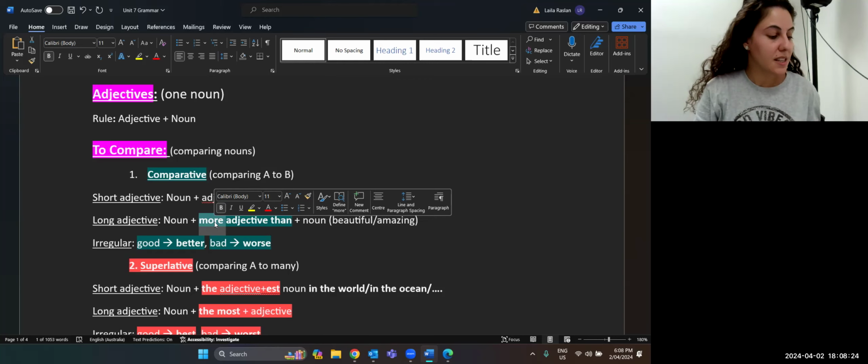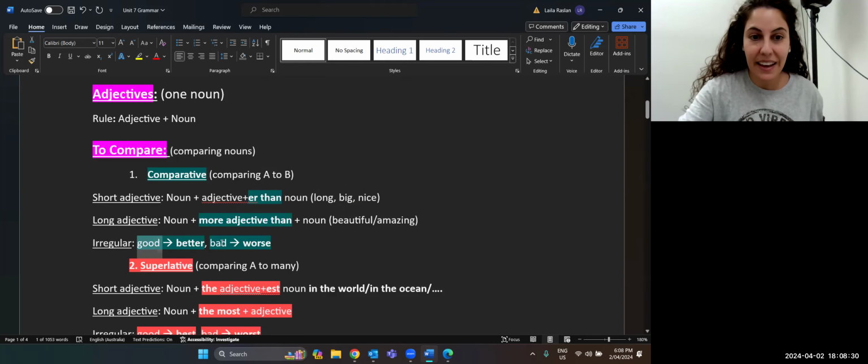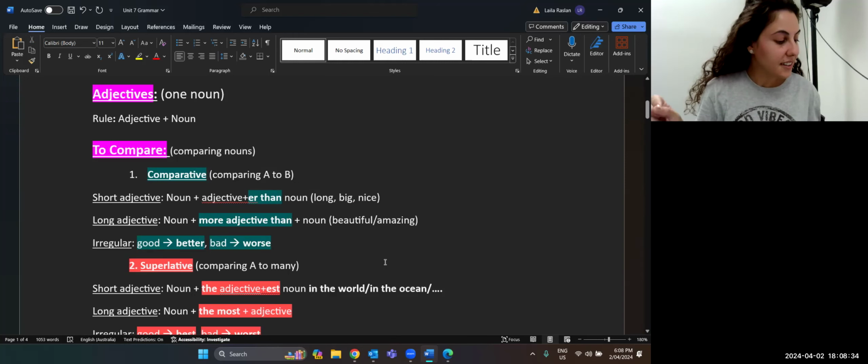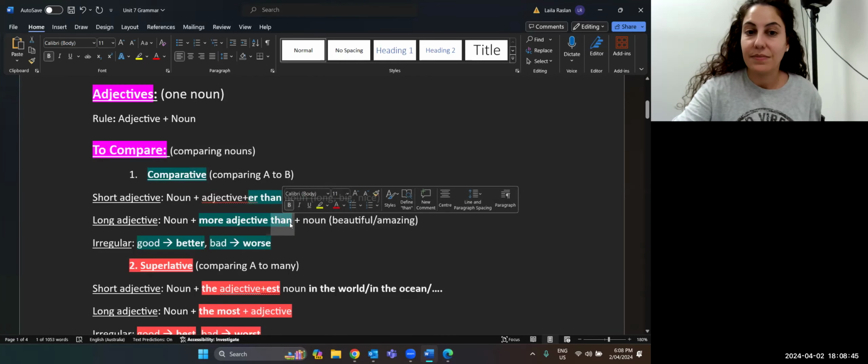Which adjectives have an irregular comparative? Good and bad. What word often comes after a comparative to compare two things? Than. Okay, so that was question 4. We gave the answers.